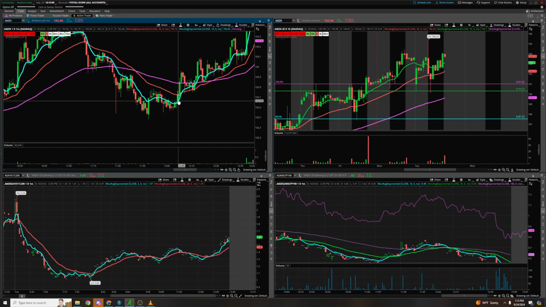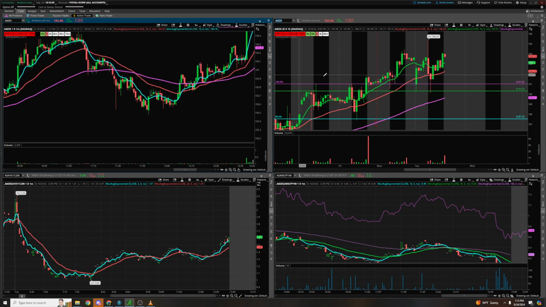Or you could have waited for here, which is fine, and bought at 12:09, where your cost would have been 130, and it closed the day at 161. So you'd have already been up 30 bucks, and it's a bounce off of that 10 EMA.